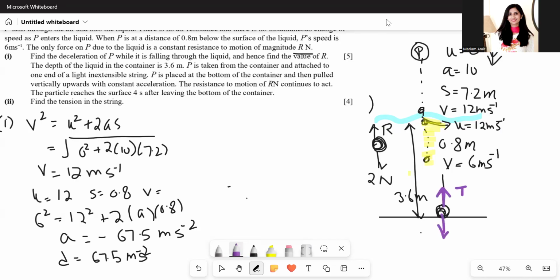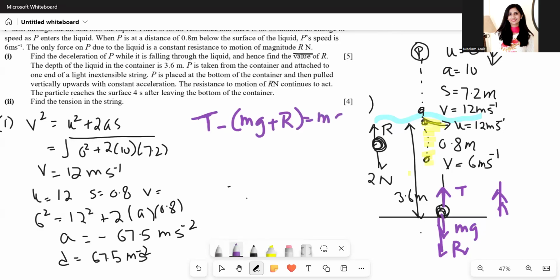There's going to be a downward force of weight, and there's going to be another downward force R, which is the resistance. Since the motion is upwards, the resistance is going to be downwards. So we're going to use forward force minus backward force, which are two forces, mg plus R, is equal to ma.